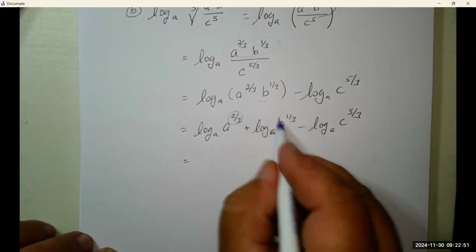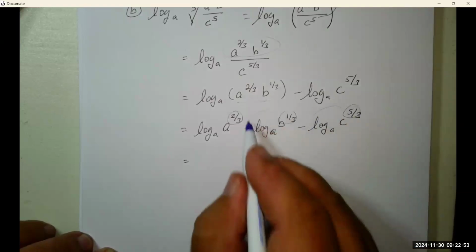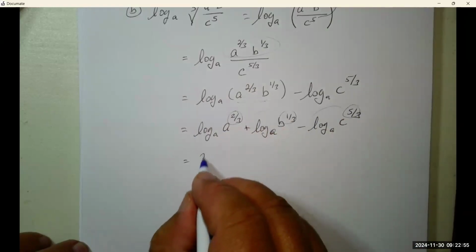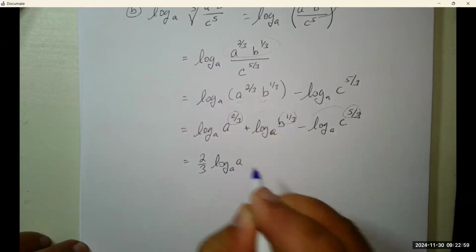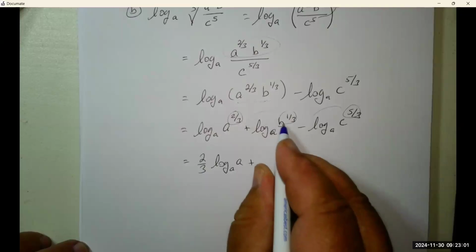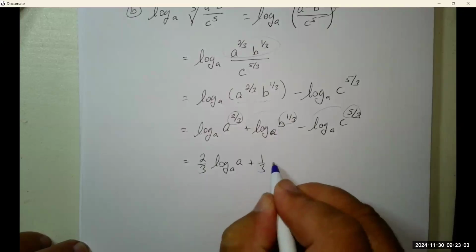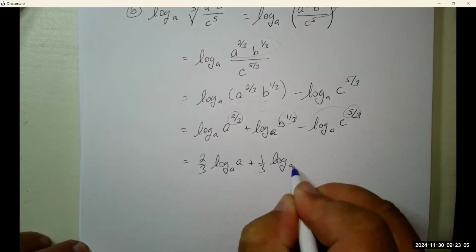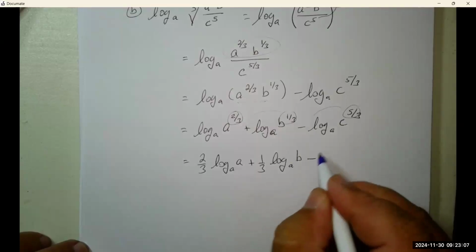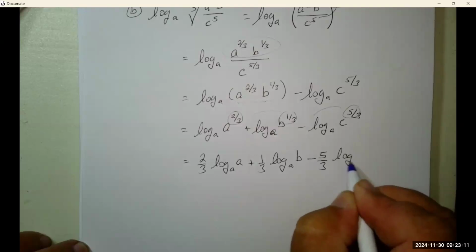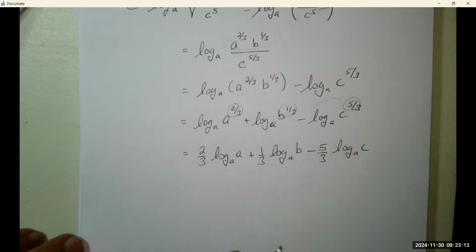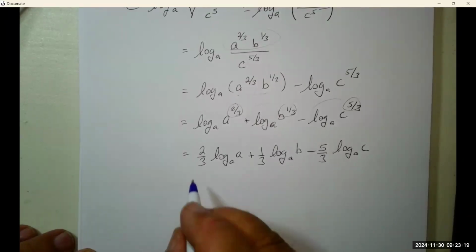These are all exponents. They all have to go in front of their respective logs. So it's 2/3 log base A of A plus 1/3 log base A of B minus 5/3 log base A of C. Now, it looks like we're finished, but we're not really done because we can still simplify.